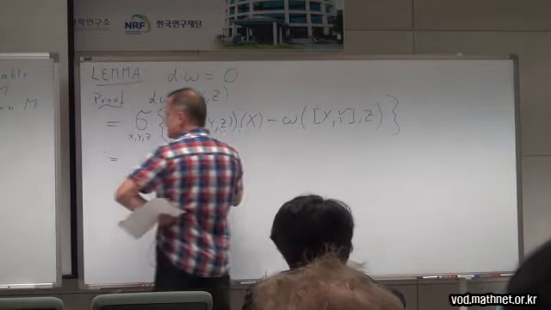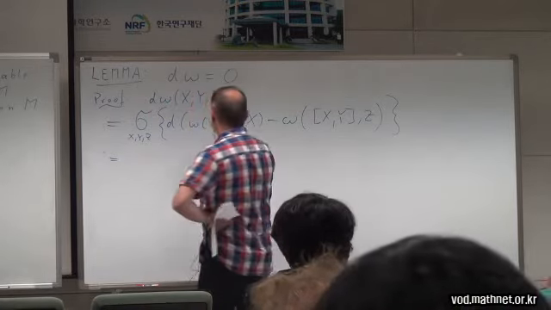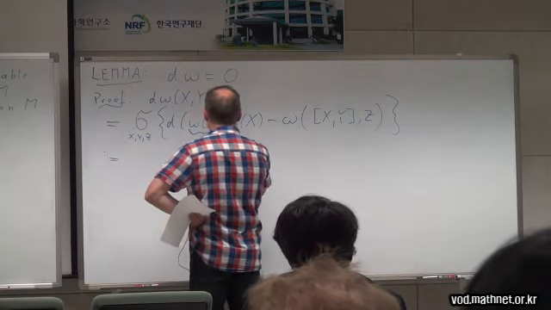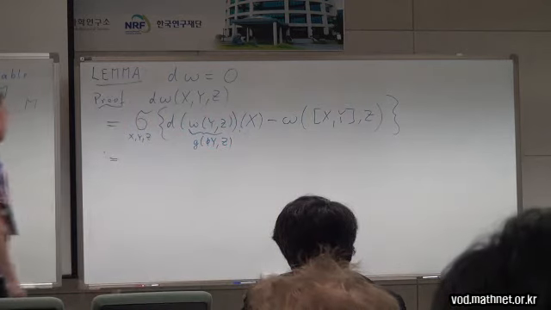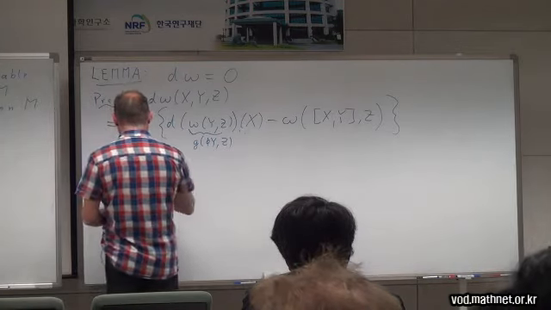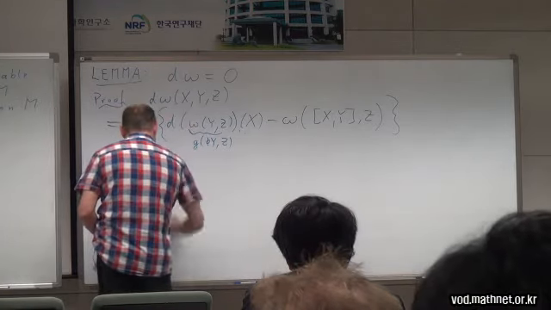So omega of (Y, Z), if we insert our definition, is g(phi Y, Z). We want to differentiate this with respect to X. What we get is again the cyclic sum, shouldn't forget this.